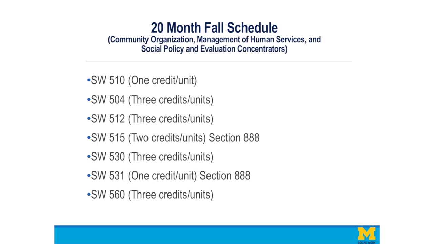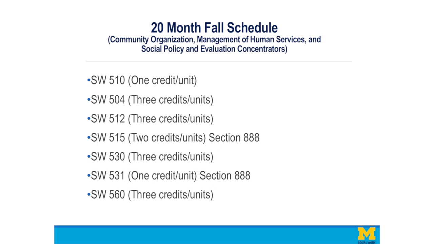You'll have your Social Work 515, which is your field placement, Social Work 530, Social Work 531, your field seminar, and Social Work 560, which is the Introduction to Community Organization Management and Policy Practice. So that's the 20-month schedule for this fall for students concentrating in community organization, management of human services, or social policy and evaluation.